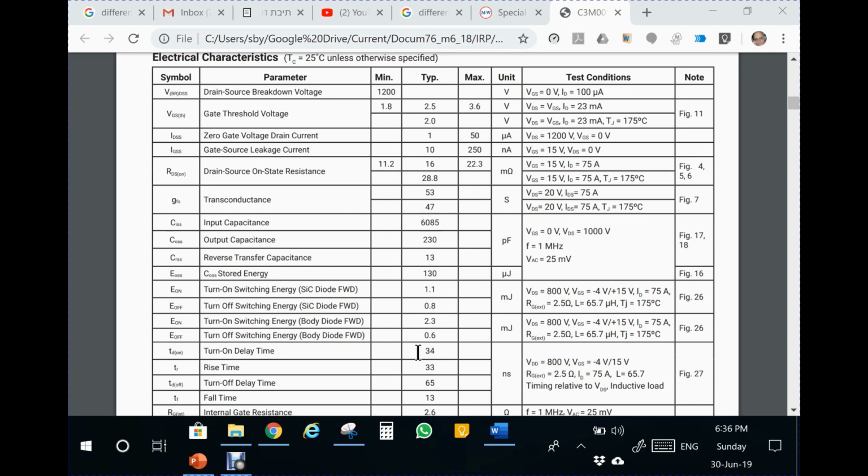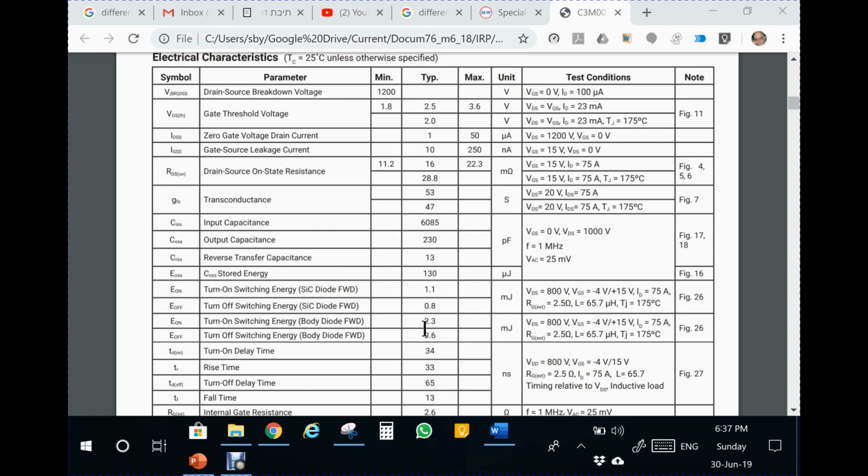So every time you turn the device on and off, the transistor dissipates this amount of power. By the way, this also includes the power due to the stored energy at the collector to emitter, between the drain and source of the MOSFET, there is a capacitance, C out SS, and there is an energy stored in it.